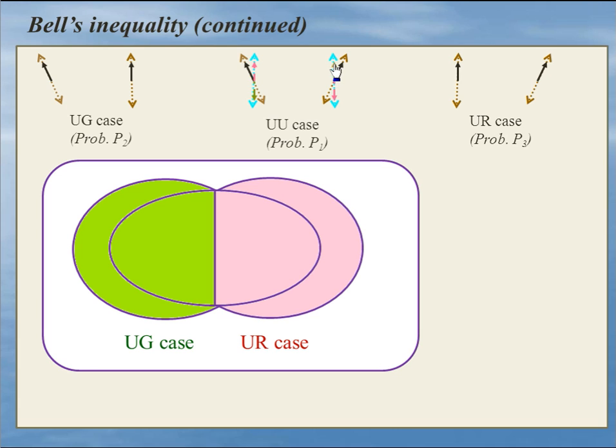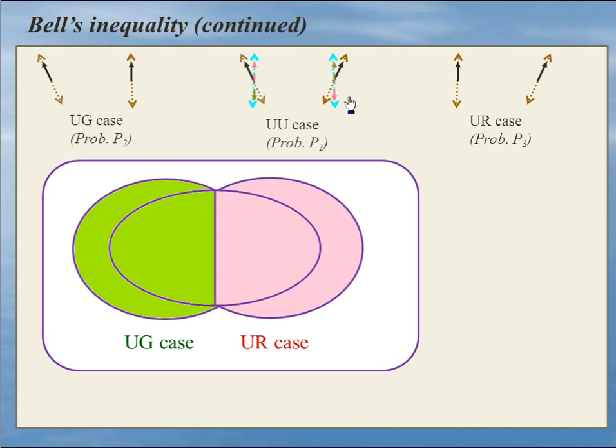And we could run the same number of detections with the detectors aligned like this, and we could count the number of detections where we have up along this axis and up along this axis. We call this the UG case. And we could run the same number of detections with the detectors aligned this way and count the number of detections where we have up along this axis and up along this axis.